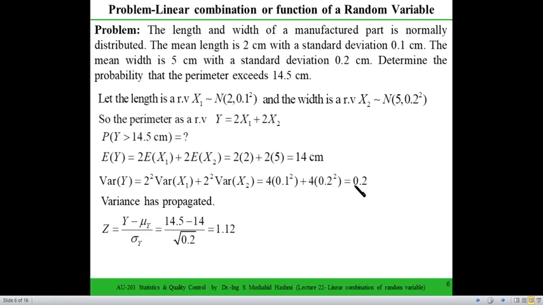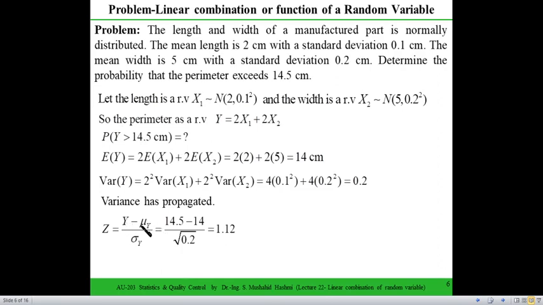Calculating the probability is done using the standardized normal distribution. Convert this random variable into a z value and get the probability of the z value from the table, and then convert it back into y. That would be the same probability, because the area under the curve of the z value would be the same as the area under the curve of the y variable.